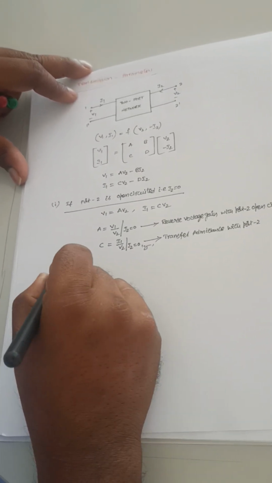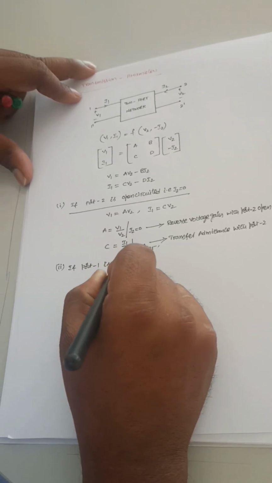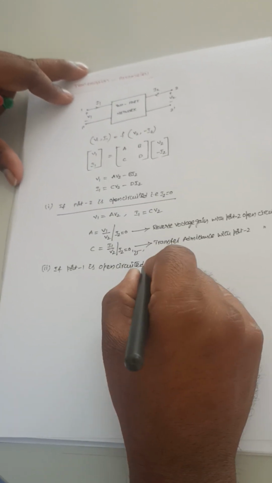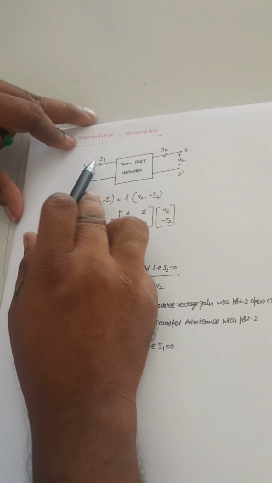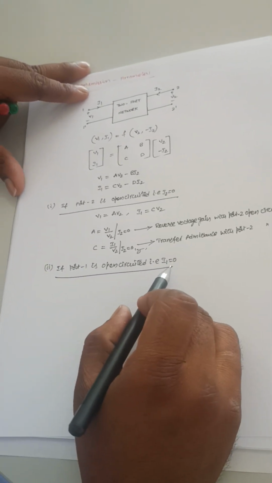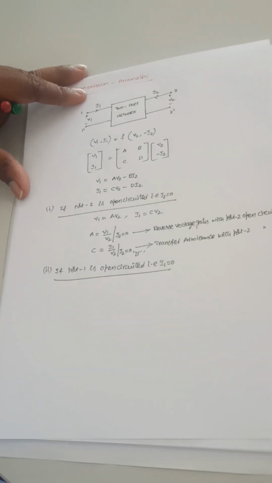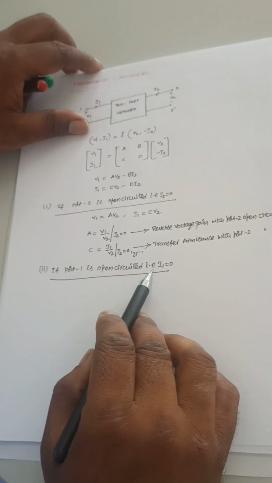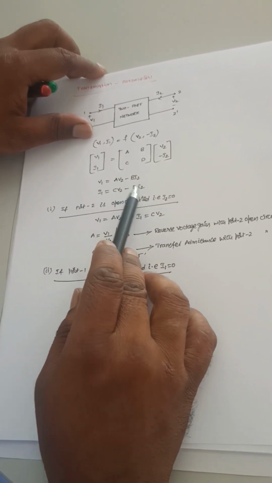Next, if port 1 is open circuited, that is I1 is equal to 0. If I make I1 equal to 0 and substitute in these expressions, then I cannot find the values of B and D here.